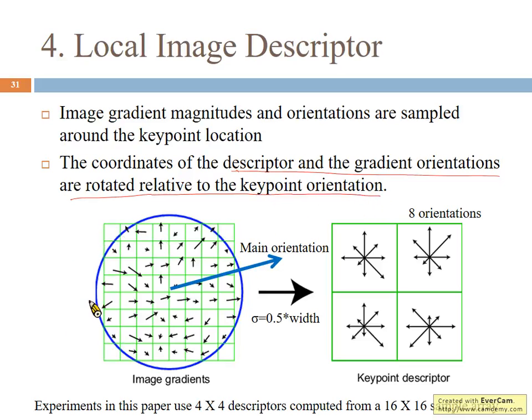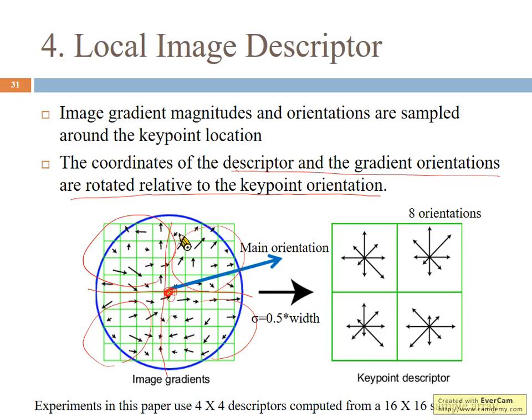So let's see this example. Given the key point location here, we check the patch centered by this key point, and then in this example, we may divide the patch into 4 smaller patches.